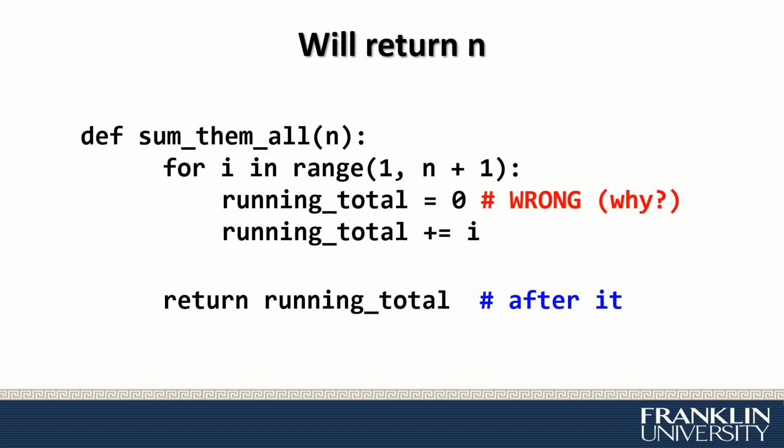Say if you sum them all, if you pass in 10, it will return 10, not 55. Why is that? Well, if you look at the sequence of statements, your running total always gets initialized inside the loop. So the last thing you would do is add in the i, which is 10 at the end, if you call sum them all and pass in 10.